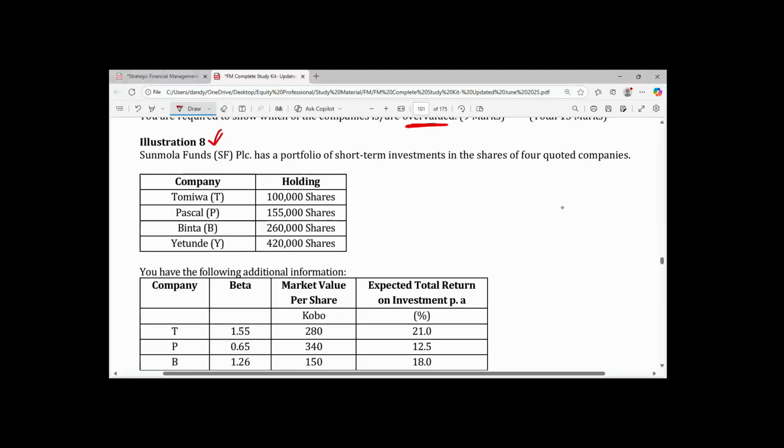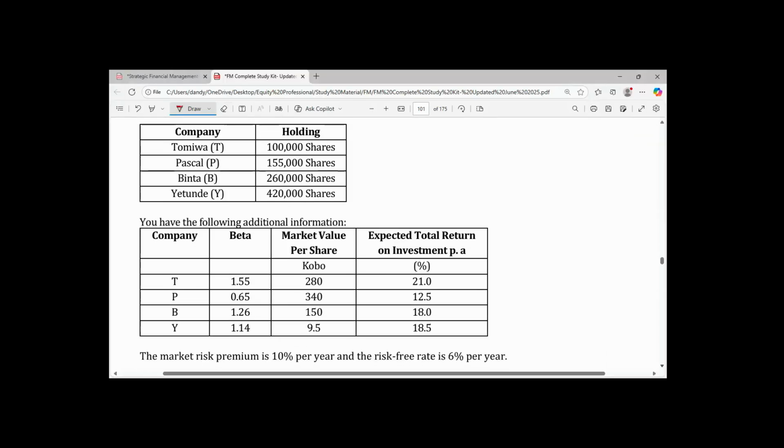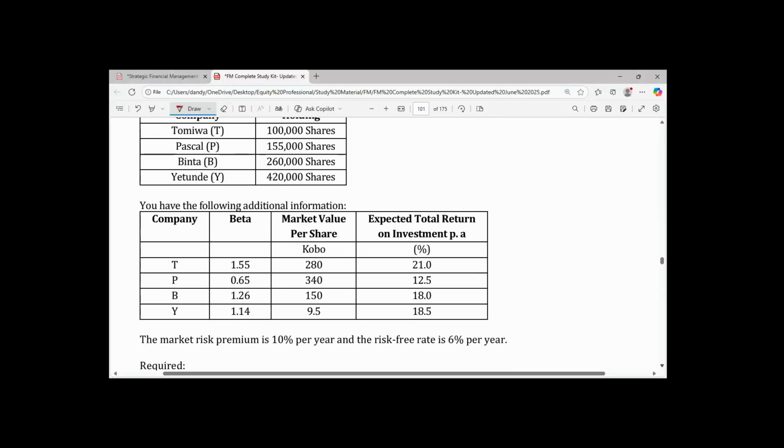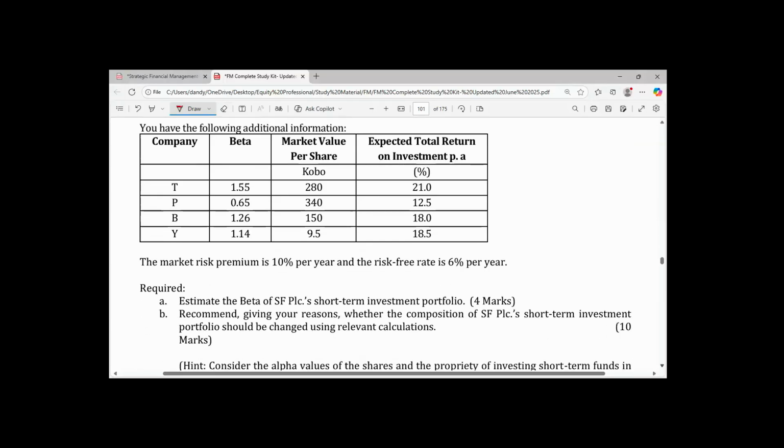Smaller Funds PLC has a portfolio of short-term investments in the shares of 4 quoted companies. Okay, skip. You have the following additional information, blah, blah, blah.